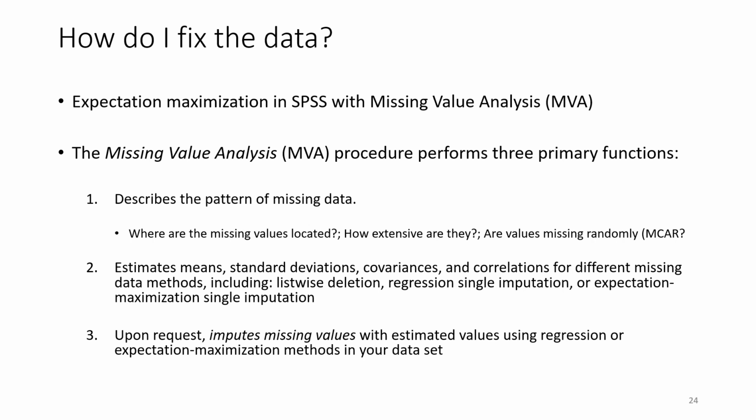So you'll see when you compare the original data set and the imputed data set that values have been inserted. Those estimated values will have been inserted where the blanks were.